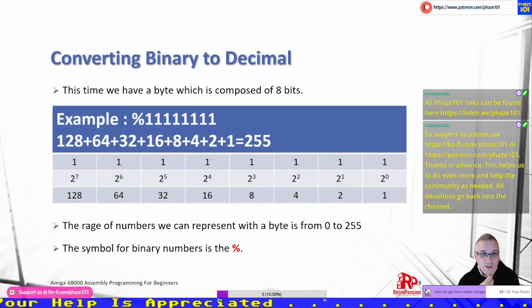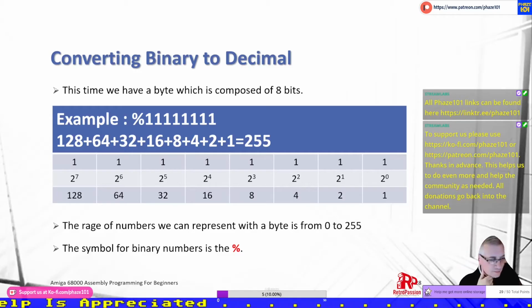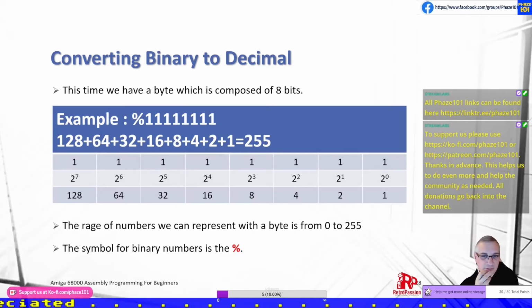So, to convert binary to decimal, if we have 8 ones, as you see in the example, then we will need to use the same system.